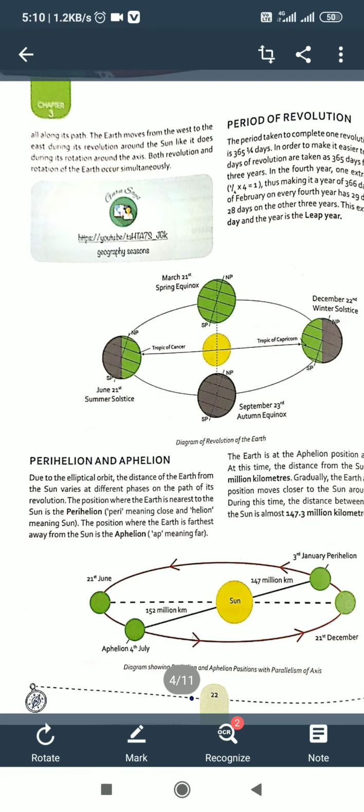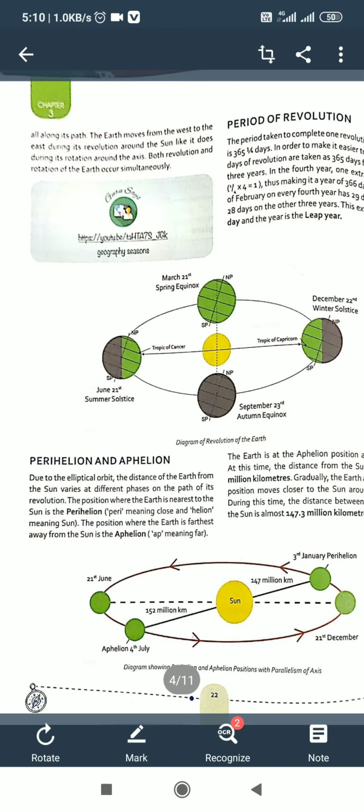To accommodate the additional 6 hours, or 1/4 of a day each year, every fourth year, divisible by the number 4, is taken as a leap year. In a leap year, there are 366 days instead of 365 days. An extra day is added in the month of February, giving it 29 days.